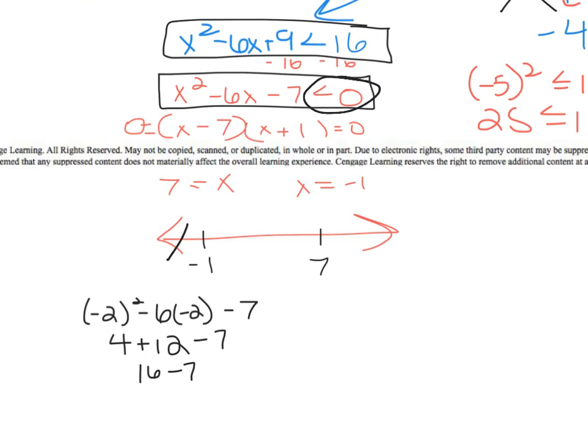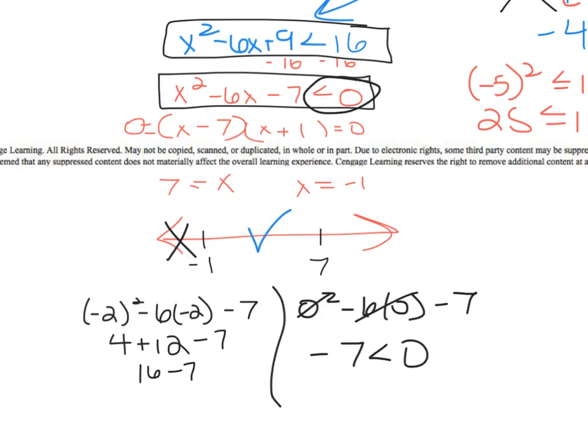That's not going to be less than 0, so I rule that section out. Then I plug in something between negative 1 and 7. Again, if 0 is in the range, use it because it's easier. This is going to get negative 7 is less than 0, and that is true.